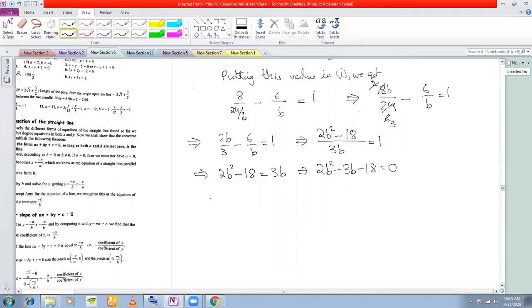So now, how will you factorize? 18 into 2 is 36. What will it give you? 4 into 9 will not give you 3.